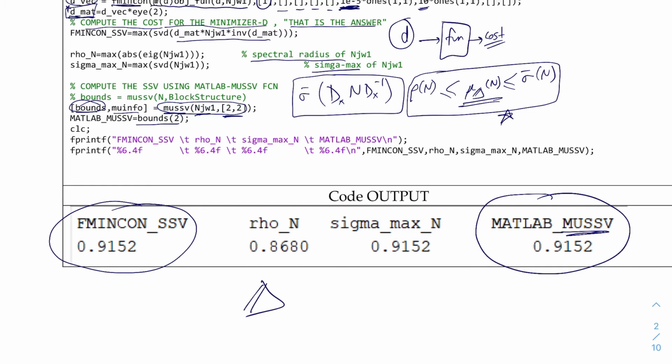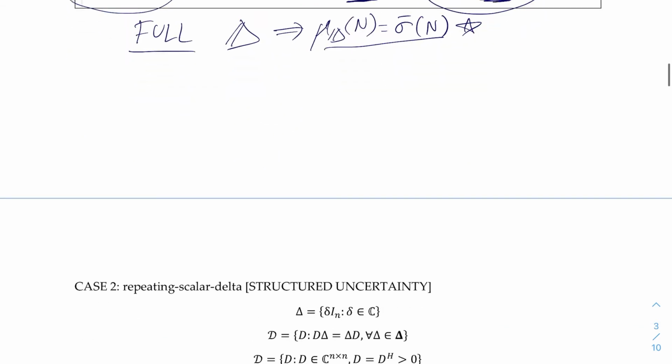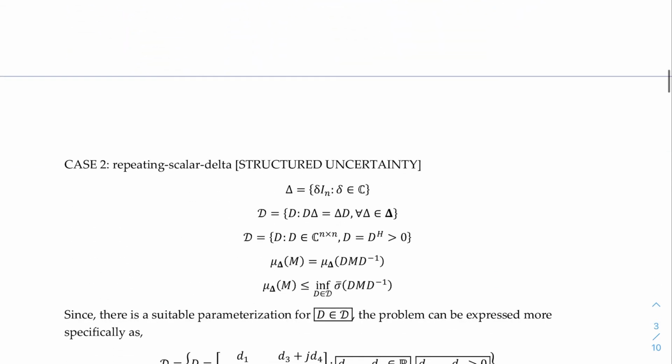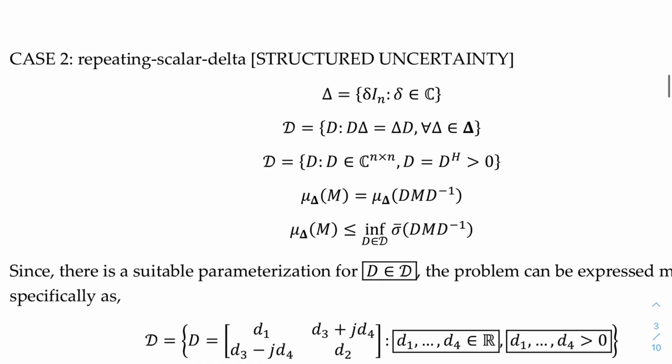And for full or unstructured uncertainty, this equals this. This is an identity. Okay, so that was case 1. Okay, so let's check case 2.